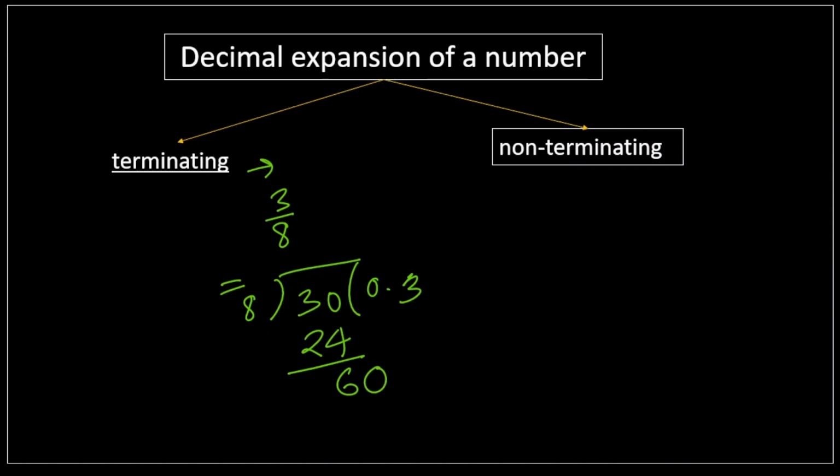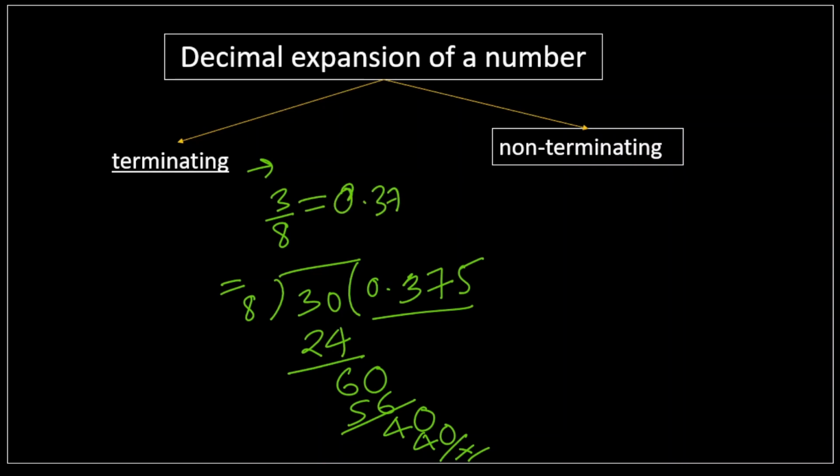So 8 times 7 is 56, we get a 4, 0 again, 8 times 5 is 40. So this thing entirely goes in. The decimal expansion of 3 upon 8 is 0.375, and that's all. Here it ends.